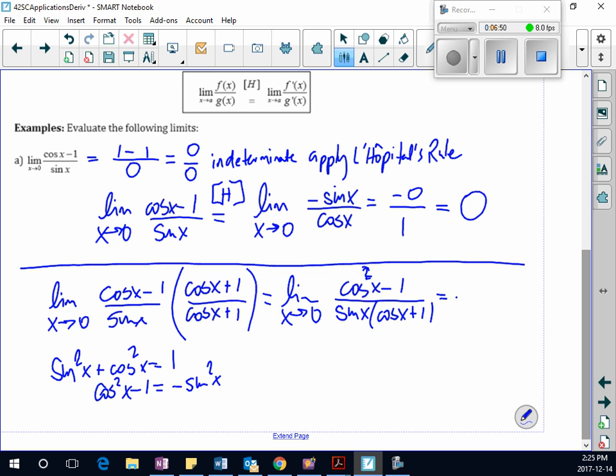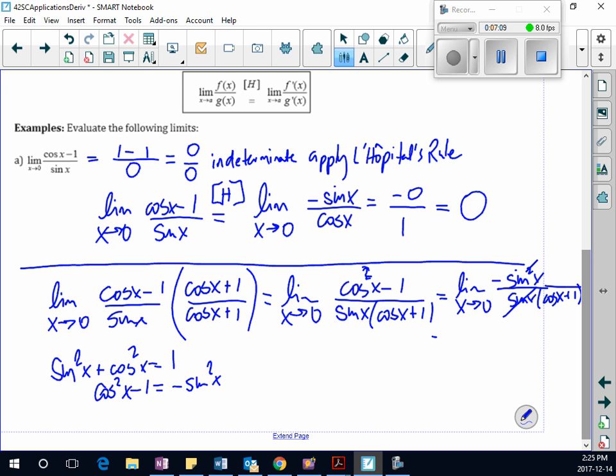So I'm going to rewrite this as, I'm just trying to show you guys that you get the same answer, but this is way simpler now, right? So you get minus sine squared x over sine x times cos x plus 1. That would cancel that, right?